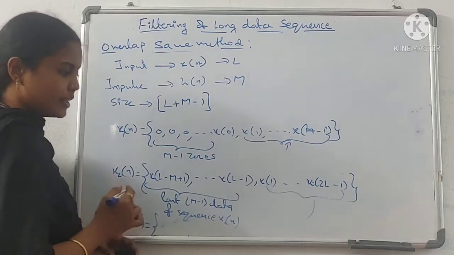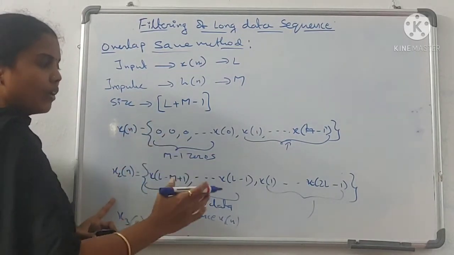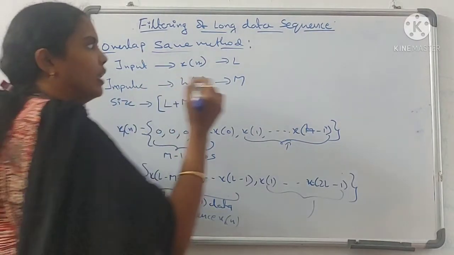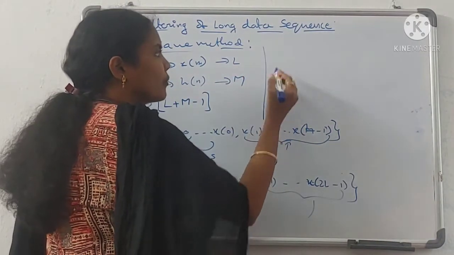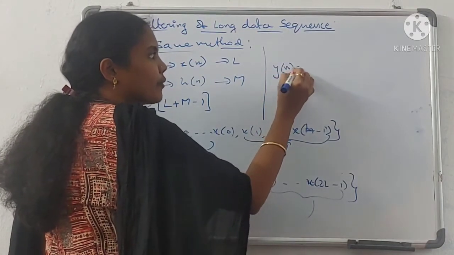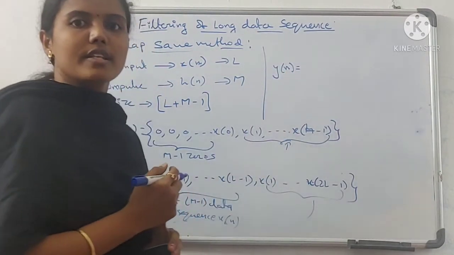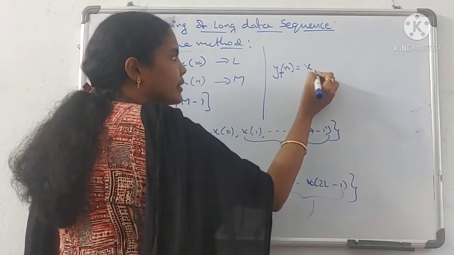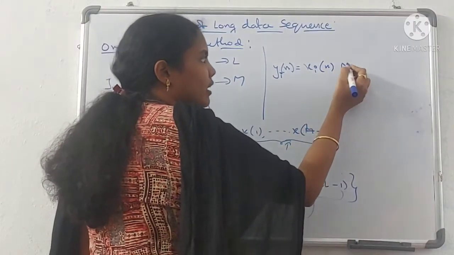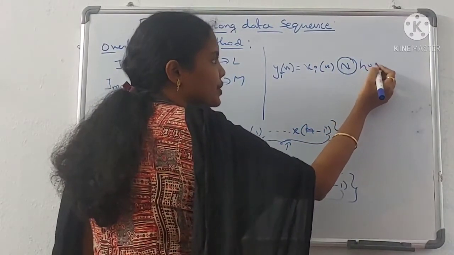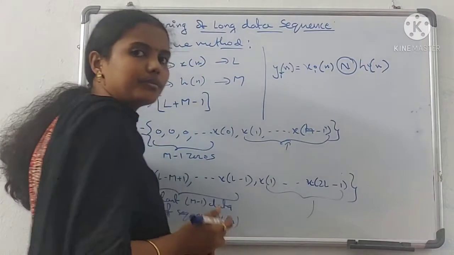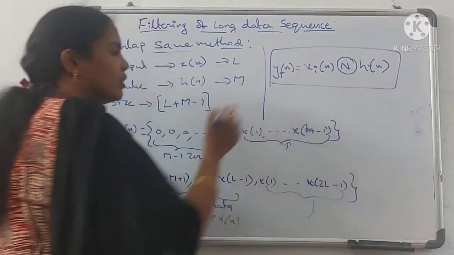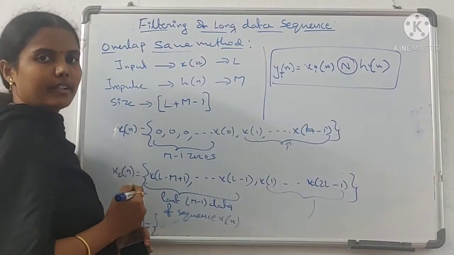After dividing all of x of n into different blocks, next you have to find y of n. yi of n is equal to xi of n circular convolution with h of n. By using this formula you find the total y of n.